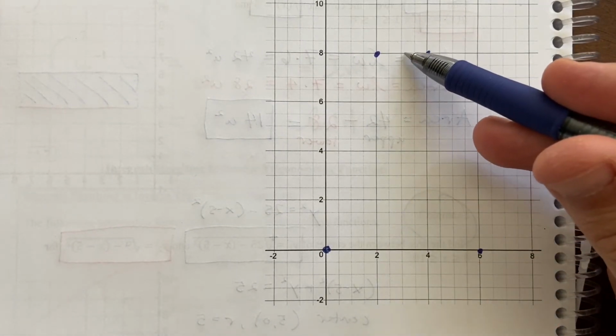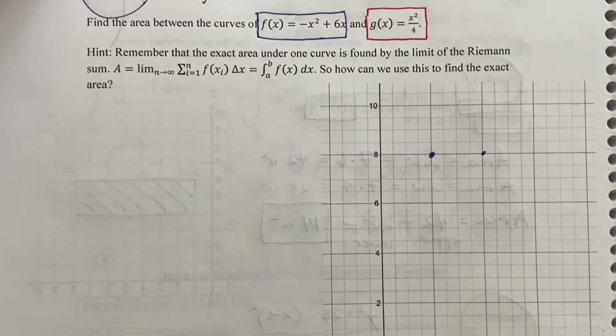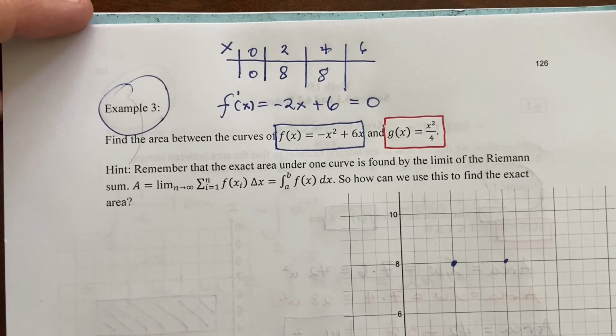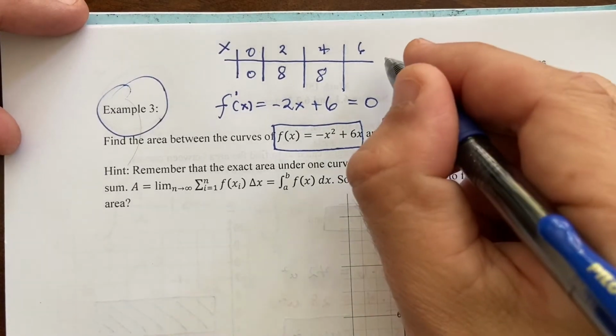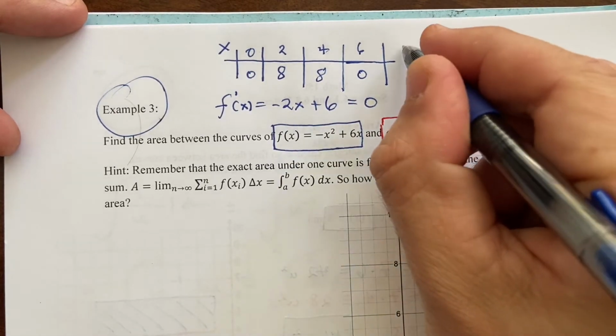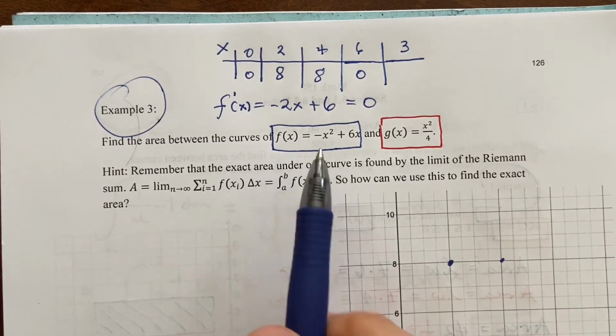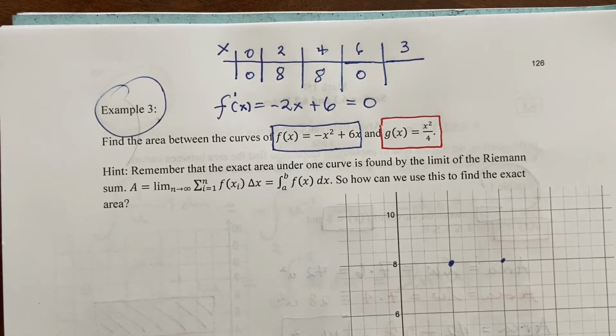And by symmetry, I could tell that the vertex should be at 3 there. So let's plug in a 3 just to see where we end up. Plug in a 3, we get -9 plus 18, right?